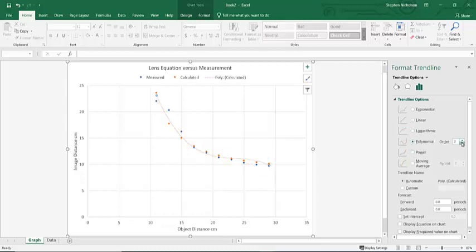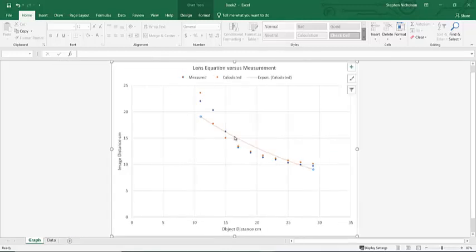No. Okay, that's not going to work. How about power? That doesn't look very good. Exponential. Nope. Okay, let's get rid of that. That's not really helping us any. So I'm going to delete the trend line.